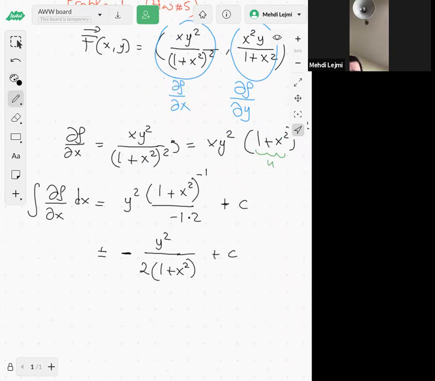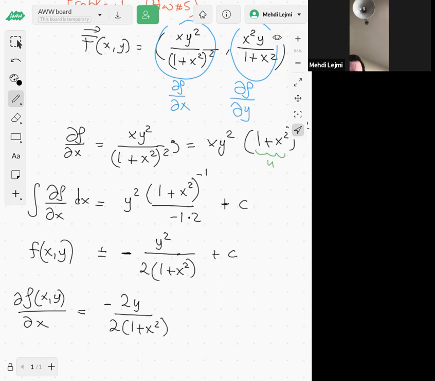This is now f of x, y. The derivative with respect to y, of course the denominator is just a constant, so that's just minus 2y over 2 times 1 plus x squared. I think this is not conservative. If it's not conservative, then you cannot find a potential function f.